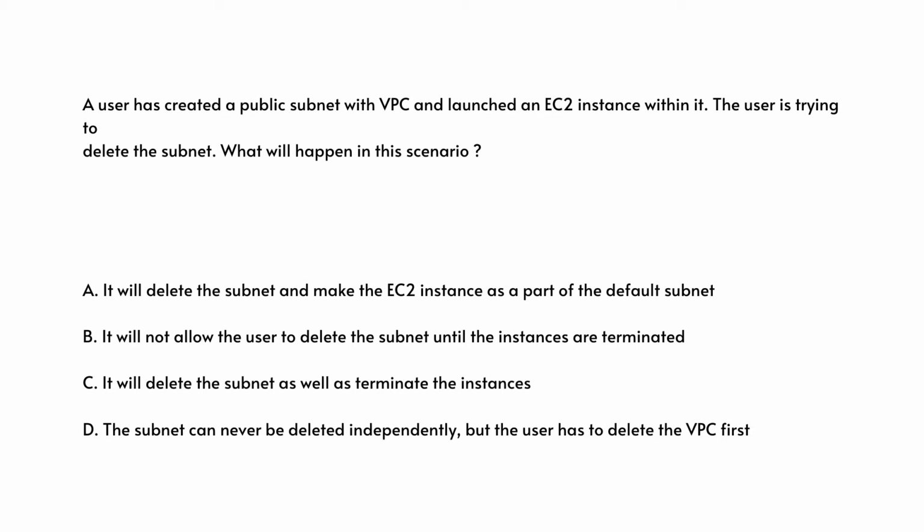Option C. It will delete the subnet as well as terminate the instances. And option D. The subnet can never be deleted independently, but the user has to delete the VPC first.